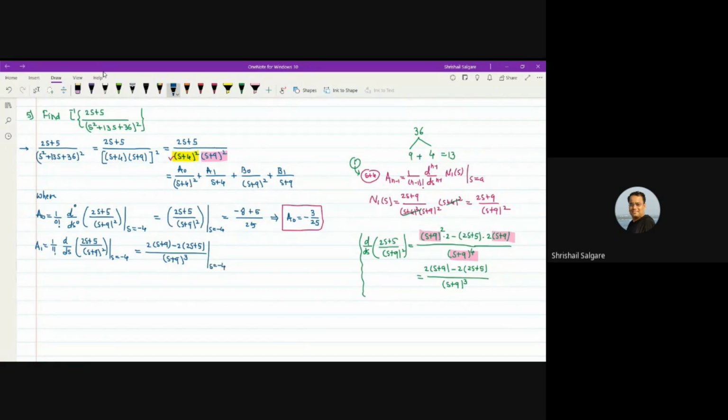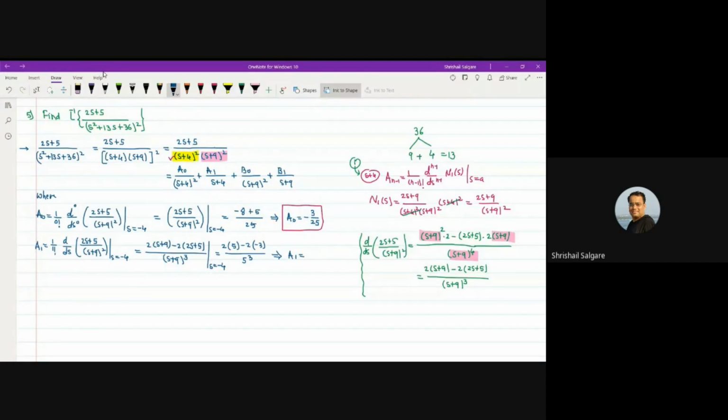Can you evaluate and tell the value? a1 is equal to, if you simplify this: 2 into (-4 plus 9) is 5, minus 2 into (-8 plus 5), divided by 5 raised to 3.